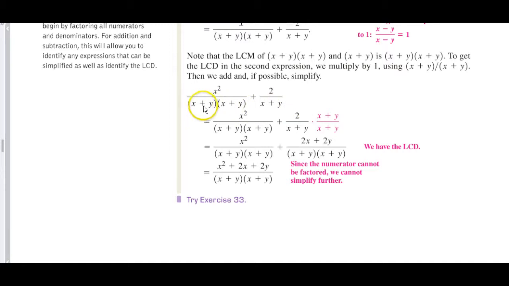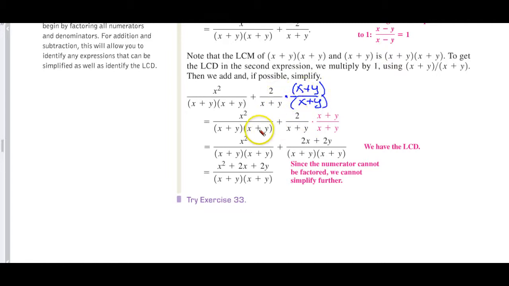Well, this is an x plus y, x plus y. Here there's only one x plus y. So you have to multiply this side by a 1 in the form of x plus y over x plus y.